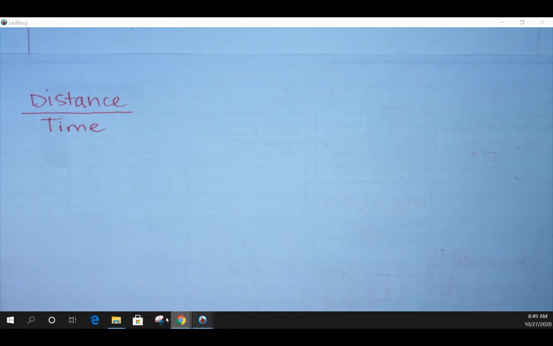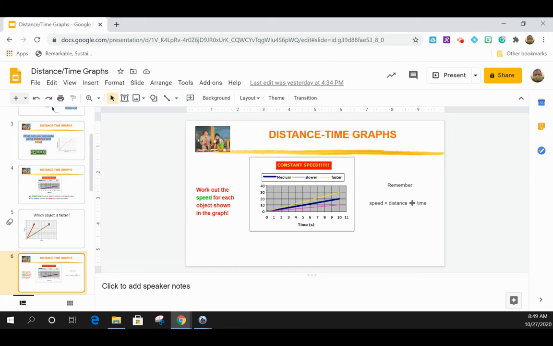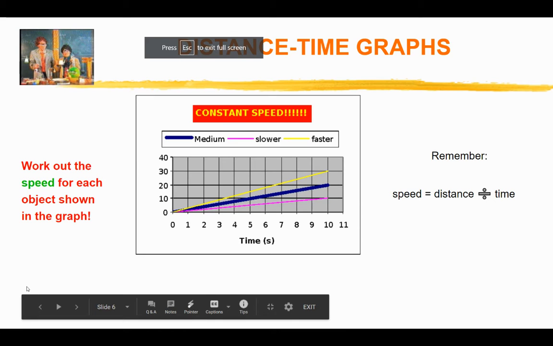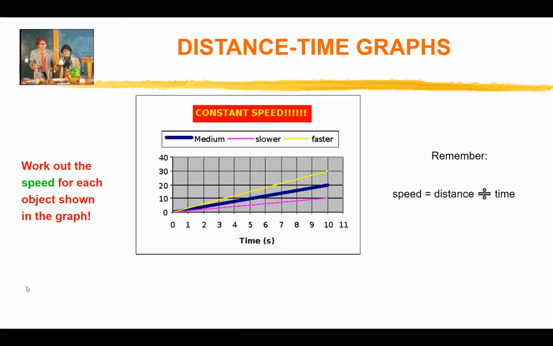So if we look at the first one, I'm going to make it big. I'm going to work it out back here on the board, and then I'll show my paper. But let's work them out together, shall we? So what is the first distance? How far did we travel? And remember, distance is up the side.